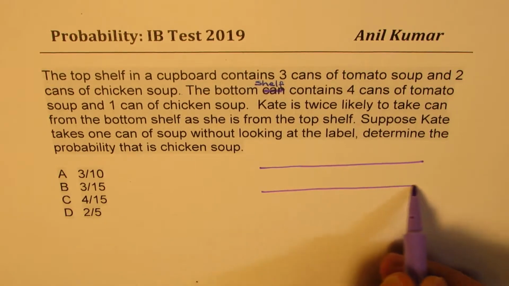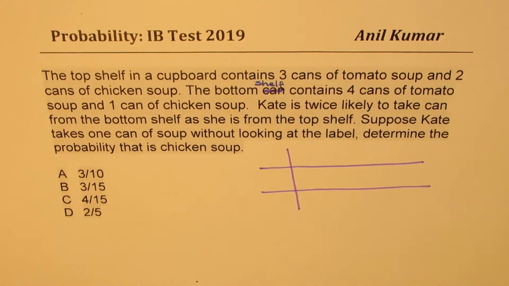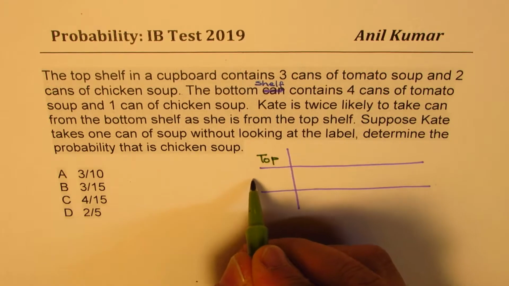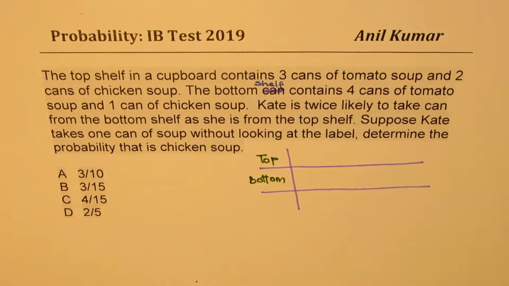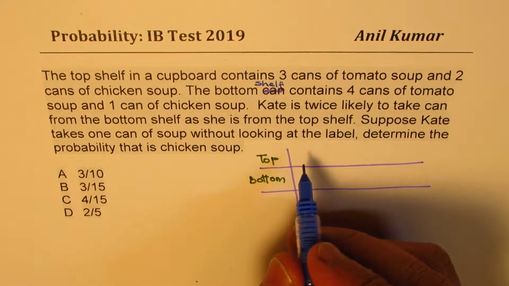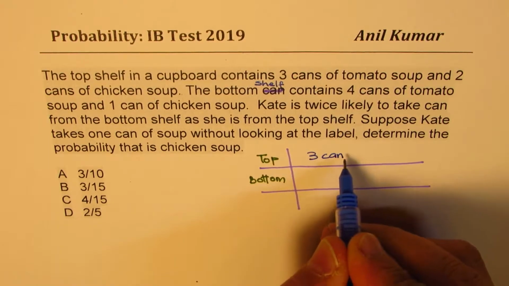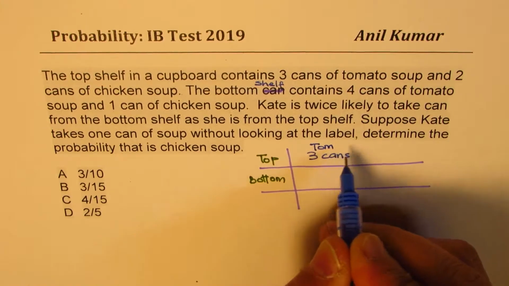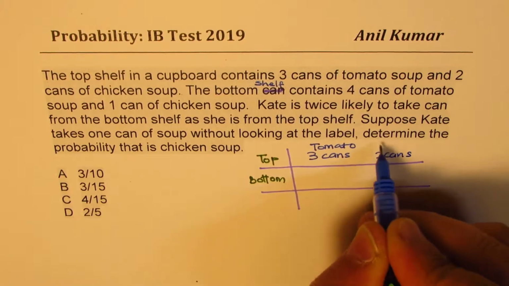We have 2 shelves. We'll call them the top and bottom shelves. Okay, so this is the top shelf, this is the bottom shelf. In the top shelf, we have 3 cans of tomato soup and 2 cans of chicken.